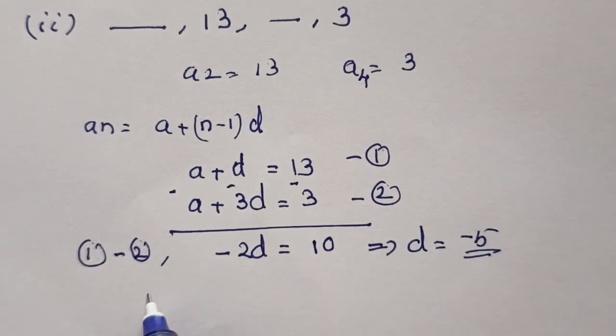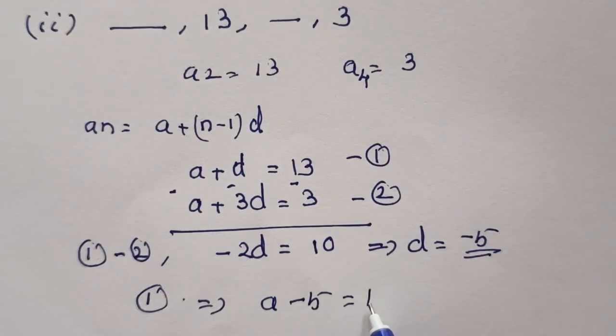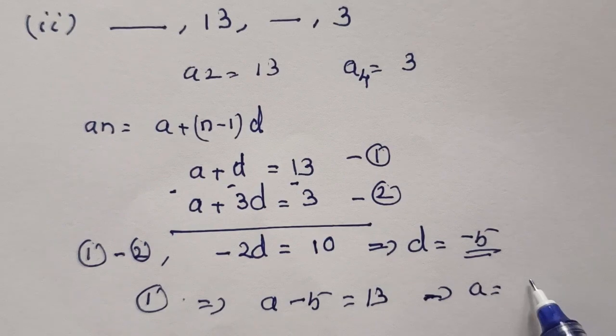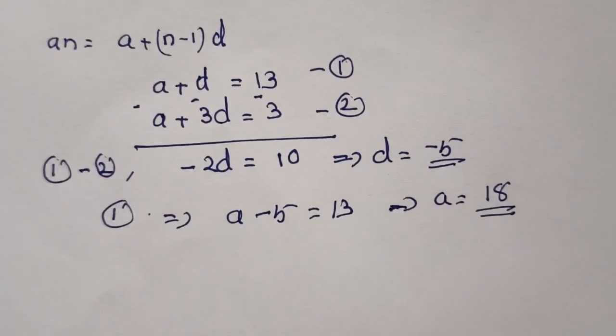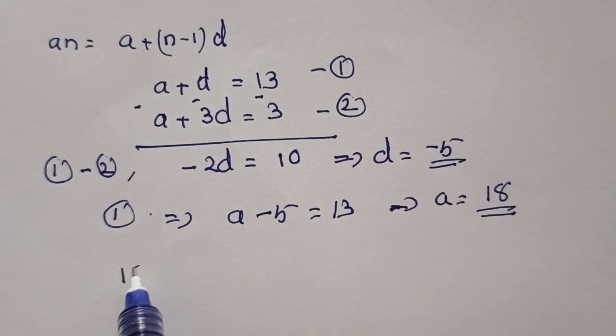Therefore, we have to calculate the first term also. Substituting in the first equation, we get a plus d, plus d means -5, equals 13. Therefore, a equals 13 plus 5, that is 18. So the first term equals 18.